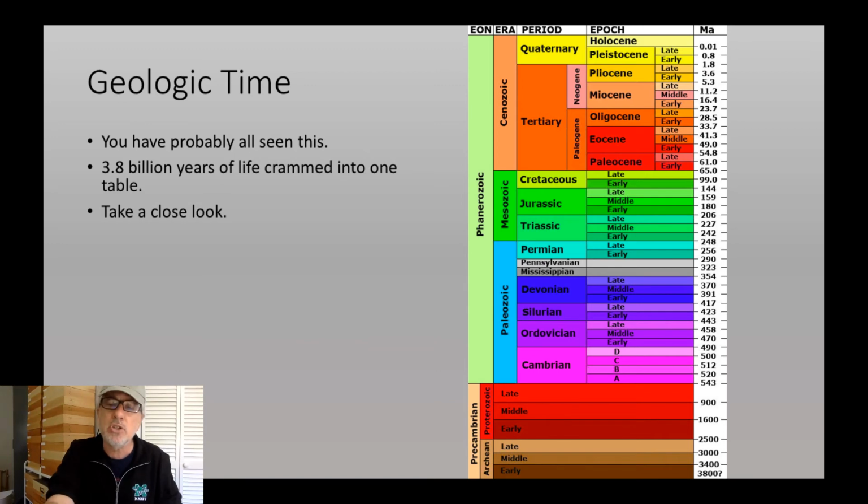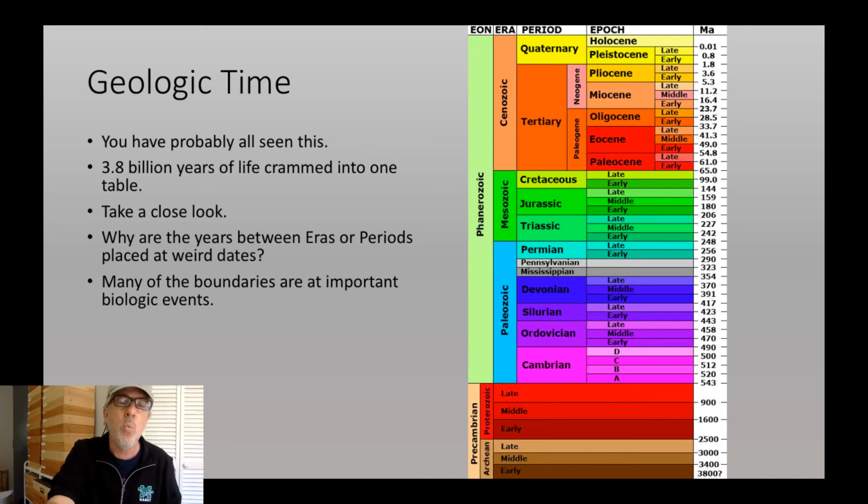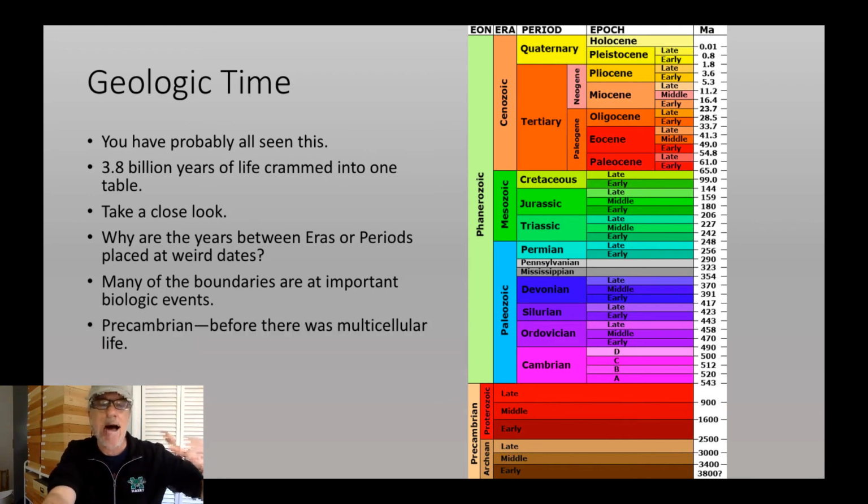And if you take a close look at this, you will see that the beginning of one period or the end of another occur at weird dates. And you might ask yourself, why are these dates placed where they are? And it turns out that many of the boundaries are important biologic events. So even though this is called geologic time, the boundaries are often set by biology.